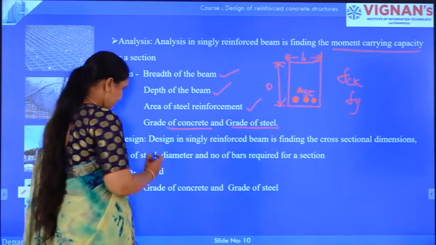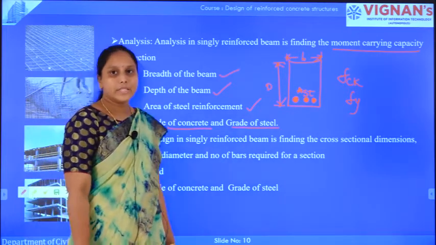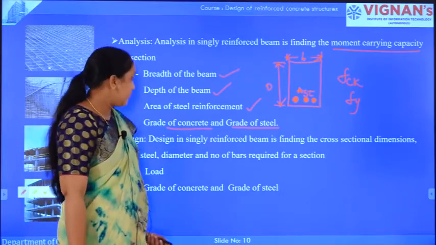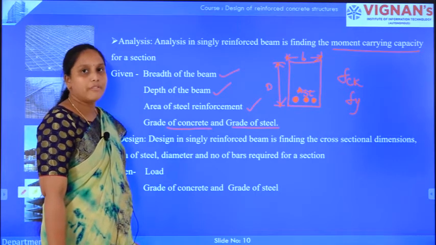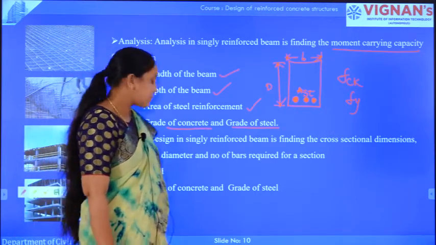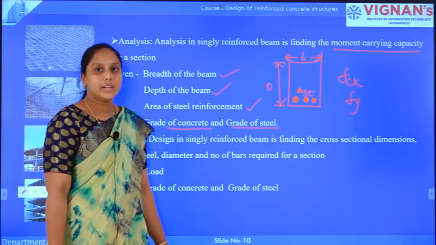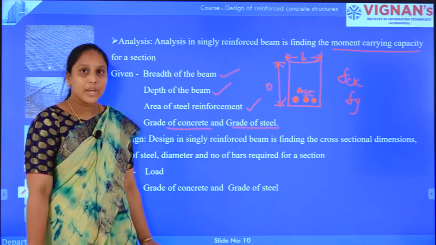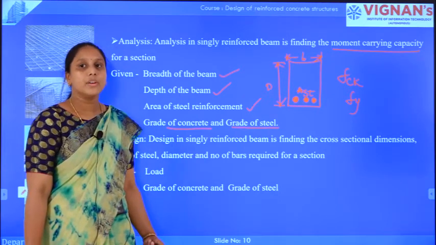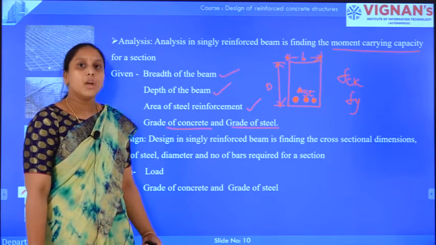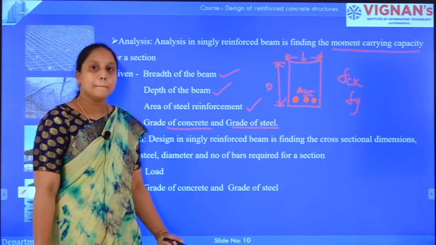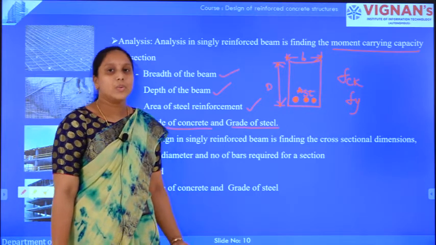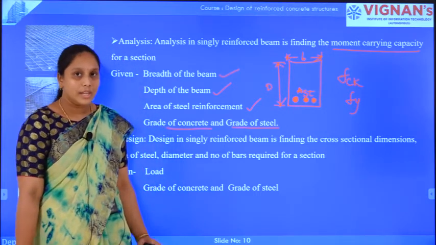Now we will see what is meant by design. Design means, for a given load and given grade of concrete and grade of steel, we have to calculate the breadth of the section, the depth of the beam, as well as the area of steel.